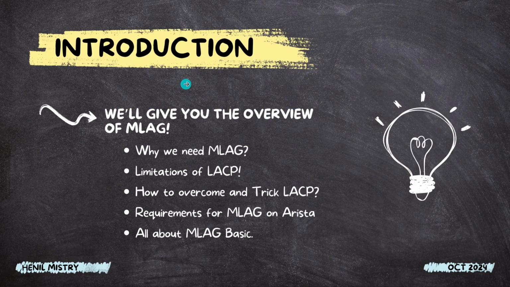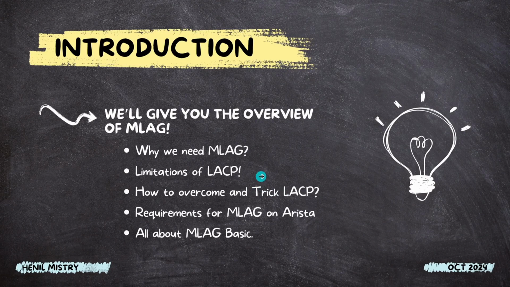So this is the introduction, where we'll give you an overview of MLAG. We'll discuss why we need MLAG by taking an example of the limitations of LACP, and remember, LACP is the Link Aggregation Control Protocol that we have seen in the last videos. We'll see how to overcome and trick LACP. In the same way, not exactly the same, but we tricked STP to form the port channel, here we'll trick the port channel and form the MLAG.